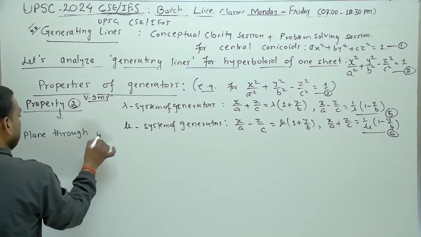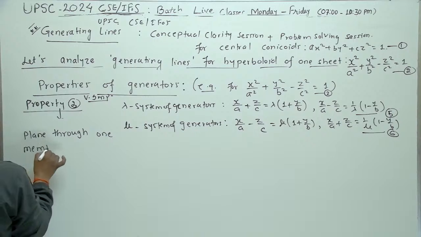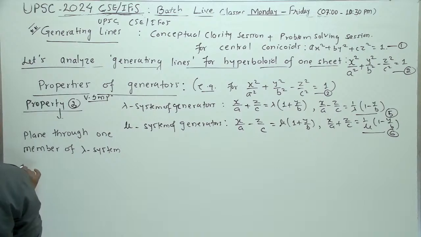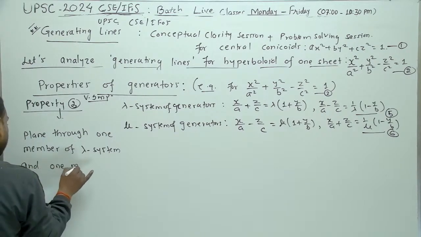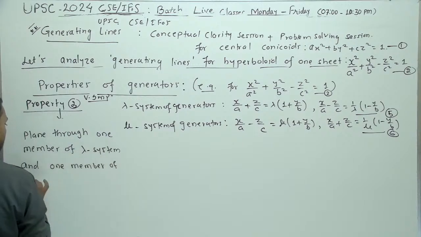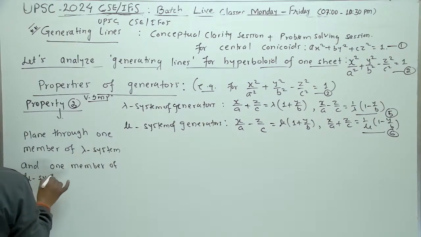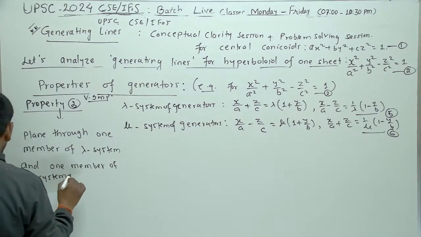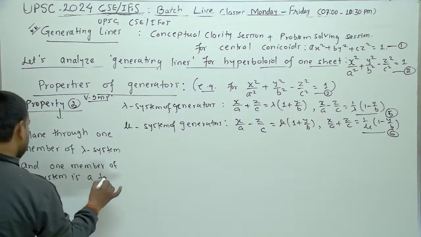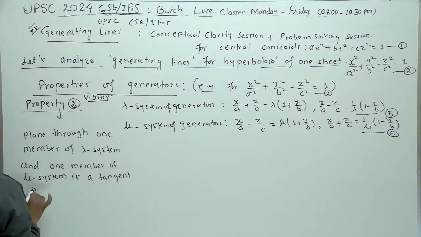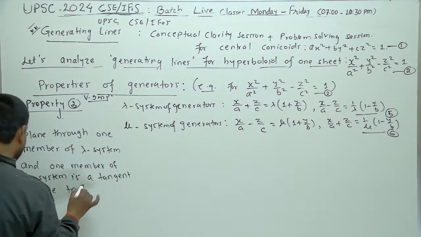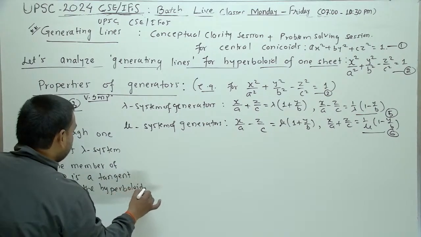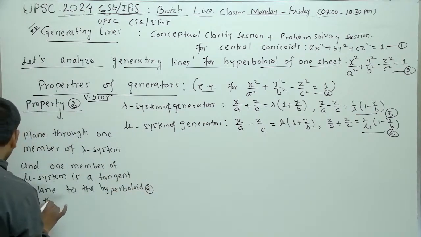Plane through one member of lambda system, ठीक है, and one member of mu system, ठीक है, one member of lambda system and one member of mu system is a tangent plane to the hyperboloid 2 at the point of intersection.